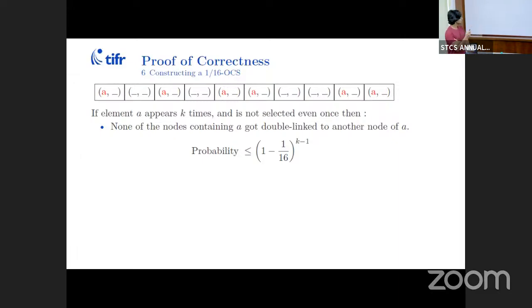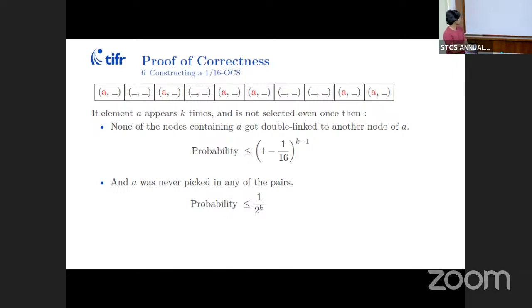So in order for A to not be selected, this double link should not occur. But not only that, even in one of those nodes, I should not have picked A, so this should happen with probability 1/2 to the power k.